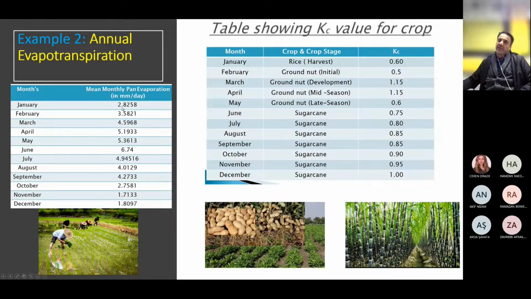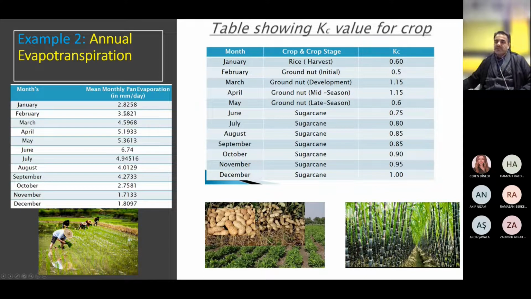For example, in January, day one, we have 2 millimeter, day two, 3 millimeter, day four, 4 millimeter, day five, 1.5 millimeter. If you add all together and get the average of a month, it gives you the mean monthly pan evaporation. So if you multiply this value by the Kc, you can find the ETc for January.